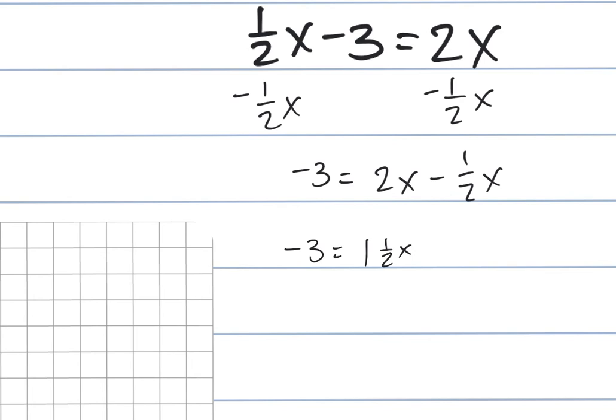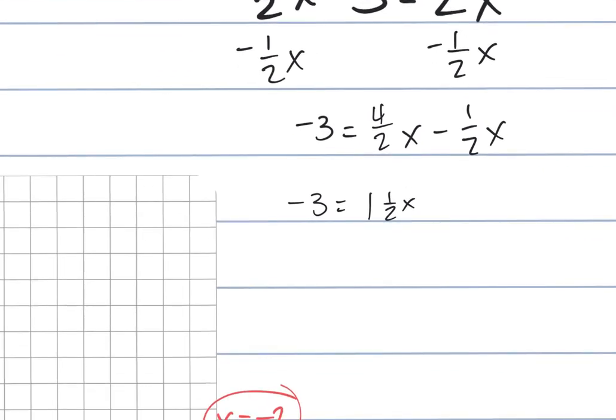Or you can change this 2 into a 4 over 2. What's 4 over 2 minus 1/2? 3 over 2, which is the same as 1 and 1/2.